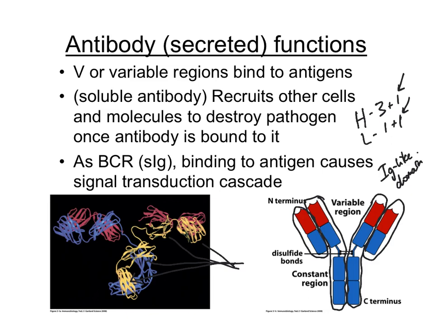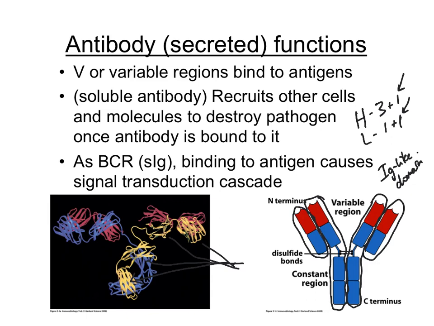The purpose of these proteins, and this is a quaternary structure that's put together when you have more than one polypeptide chain, is to, when it's a surface B cell receptor, recruit other cells and molecules to destroy the pathogen, and it can also result in signaling. And we're going to talk more about that momentarily.